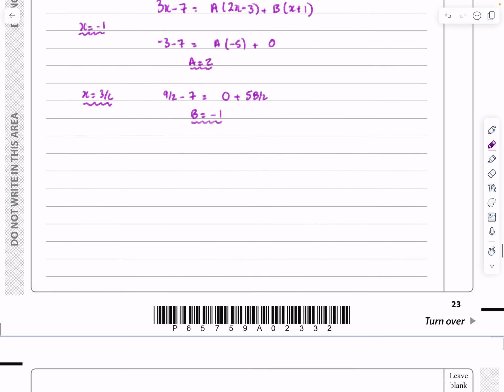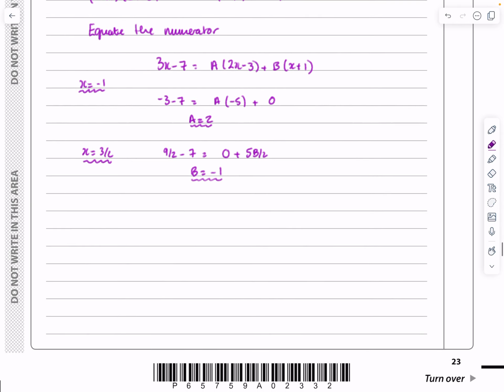So we've got that 3x minus 7 all over (x plus 1)(2x minus 3) is the same as 2 over x plus 1 and then minus 1 over 2x minus 3 here.